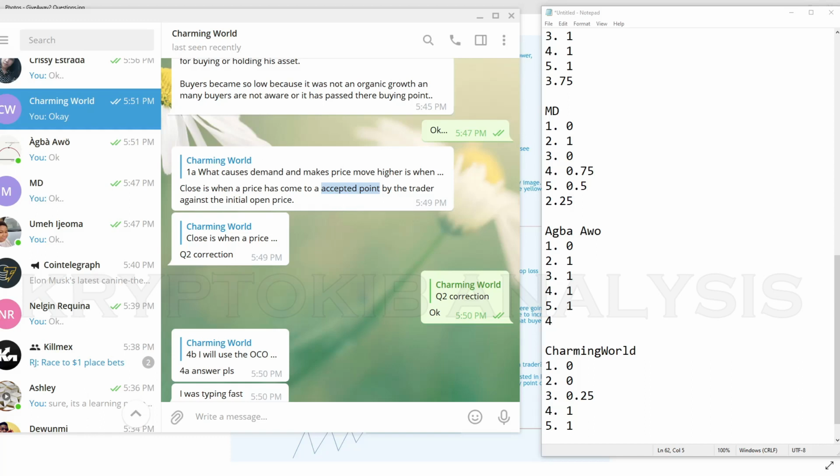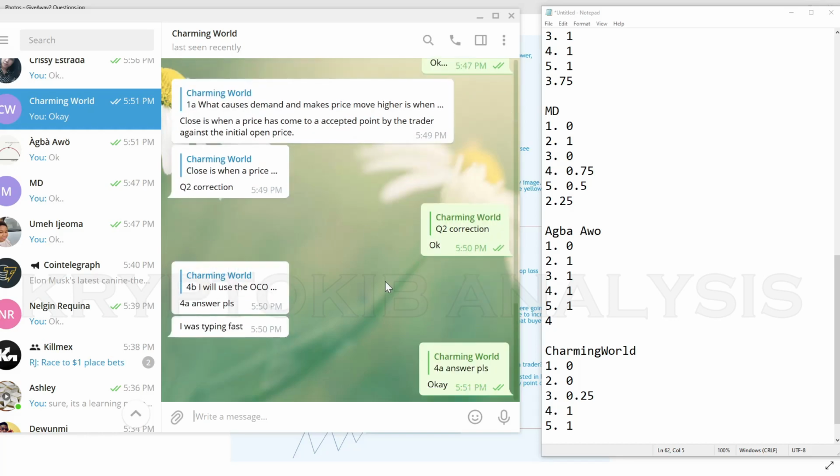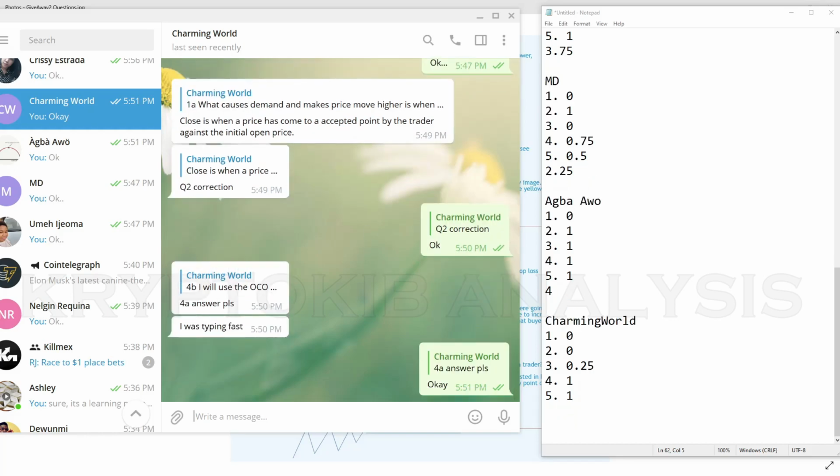I think she's trying to say settlement price here. By saying accepted point, maybe that's the final agreed price, where the order stopped or where the transaction stopped. Maybe that's what she's trying to say here. I don't know. So should we give or should we not give? Okay, so that's that then. That's 2.25.